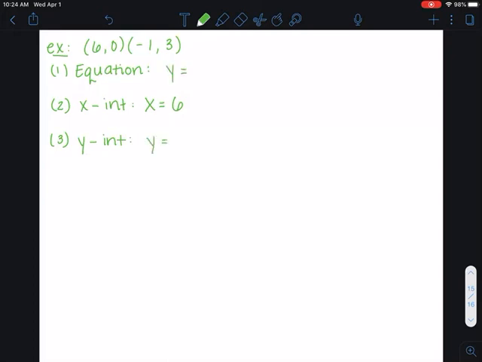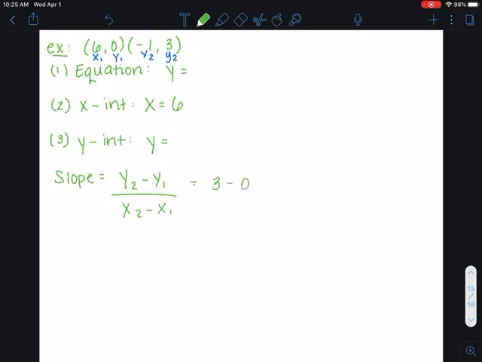So now we're going to do y equals. Alright, so let's first find the slope. I'm going to say x1, y1, x2, y2. Alright, so y2 minus y1 over x2 minus x1.